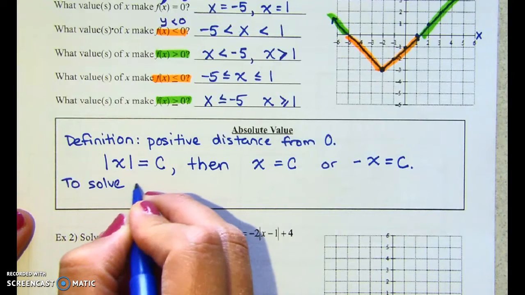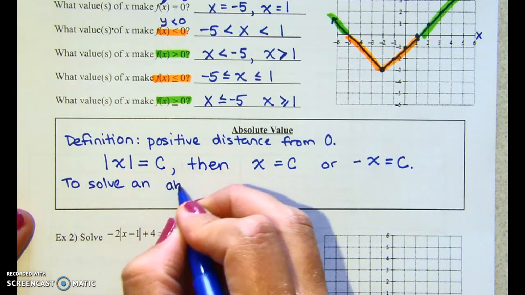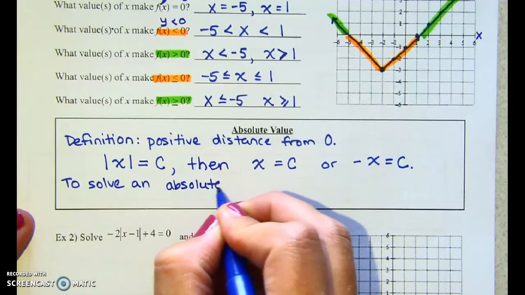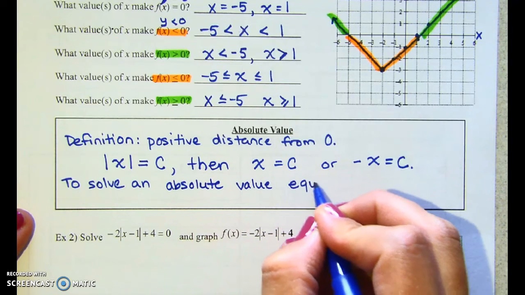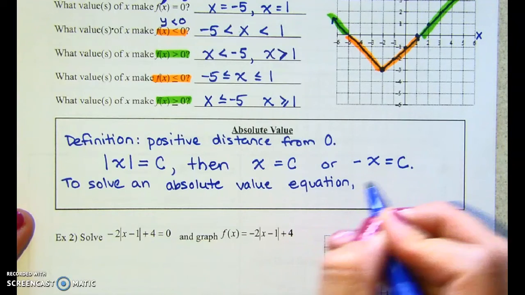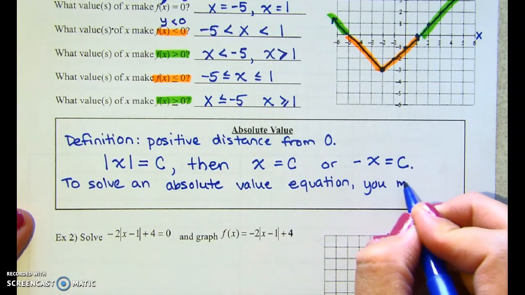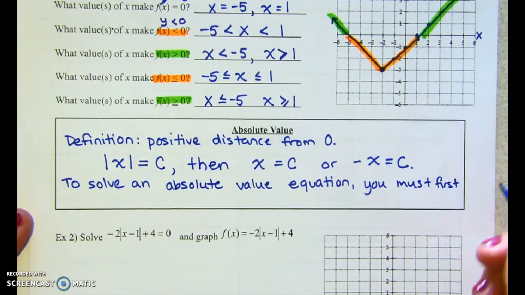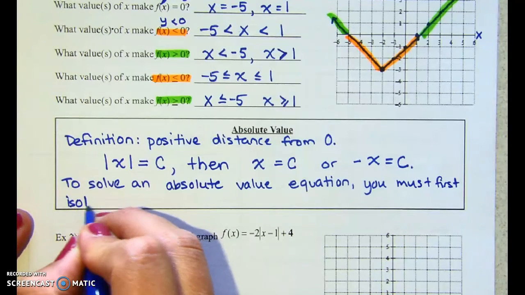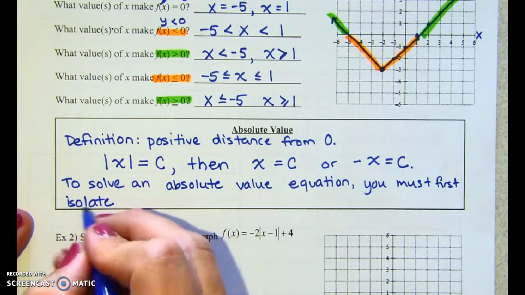To solve an absolute value equation, you must first isolate. What does that word isolate mean?